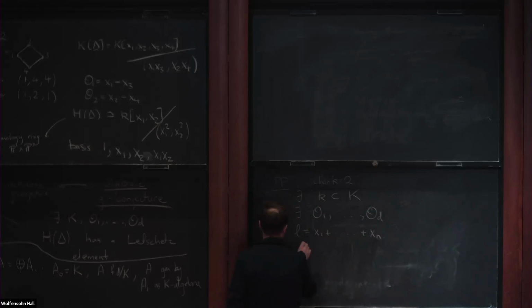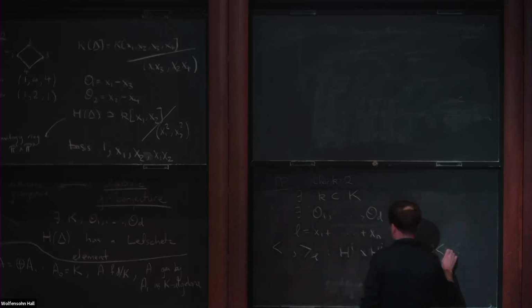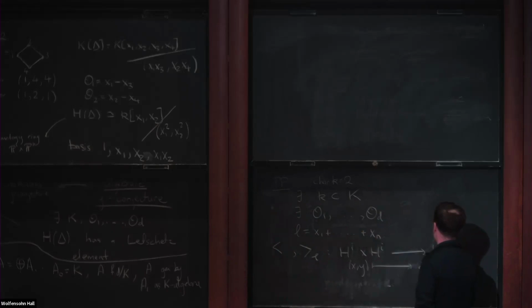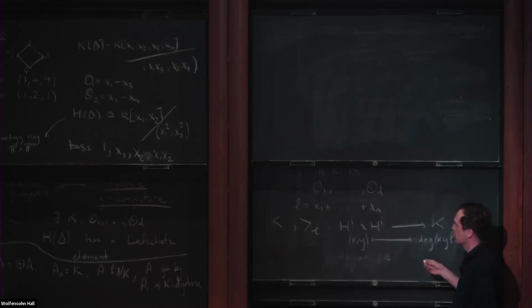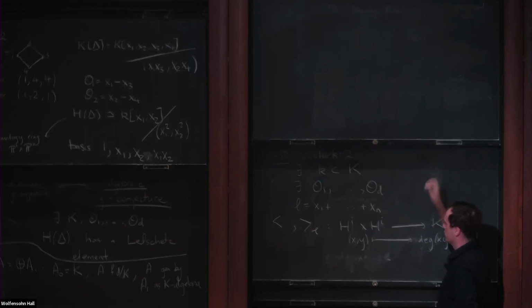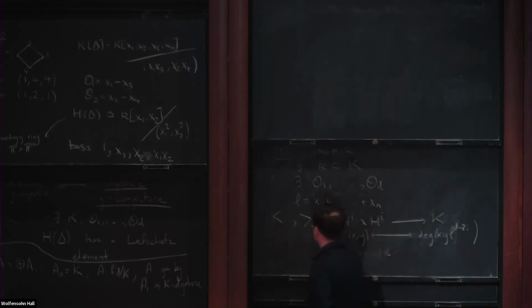Remember before, to show that something was Lefschetz, I had this form. I'll write it again. I needed to show that this form was non-degenerate. They proved something much stronger: that this is anisotropic.